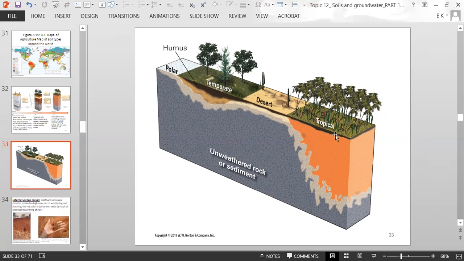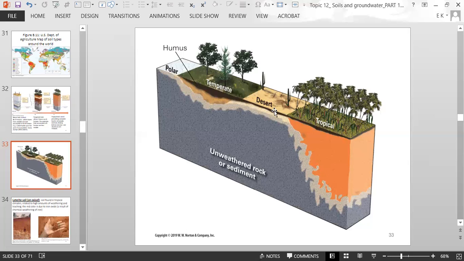And then the rest of the colors are soil. And then the top black layer is the humus. Okay, so in a tropical zone, you have very deep soil, very thick, and then your humus is kind of thin compared to the thickness of the rest of the soil.